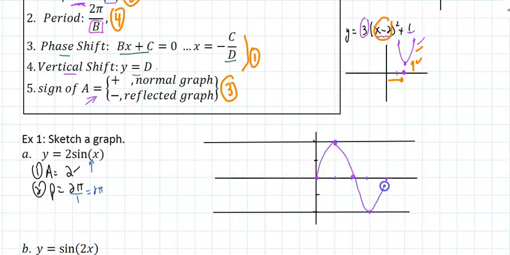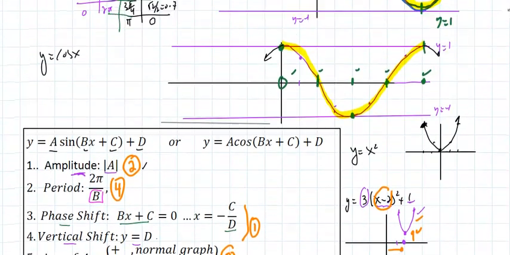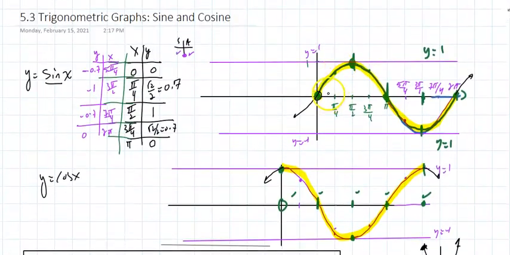It's the labeling that's going to make a big difference. So, one thing about the graph of a sine or cosine, those are equidistant. All of these are equal. And here, all of these are also equal. Always.